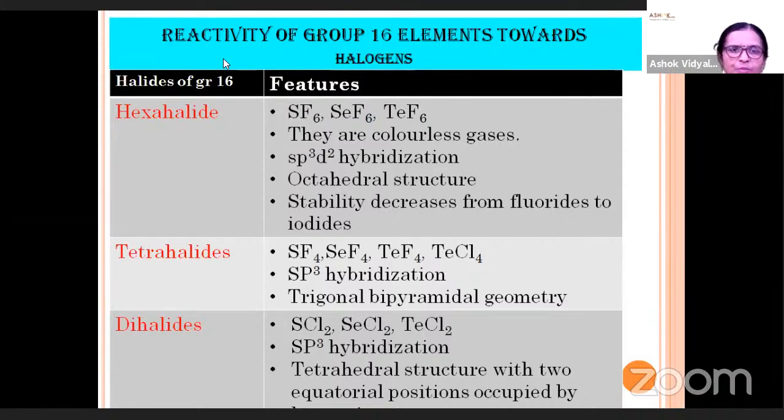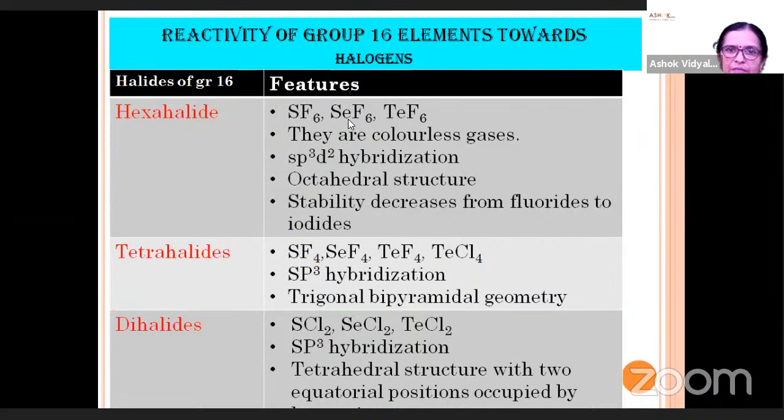These group 16 elements form three different types of halides when they react with halogens, that is hexahalides, tetrahalides, dihalides. When they react with the halogen, they form hexahalides like SF6, means sulfur reacts with fluorine to form sulfur hexafluoride SF6.